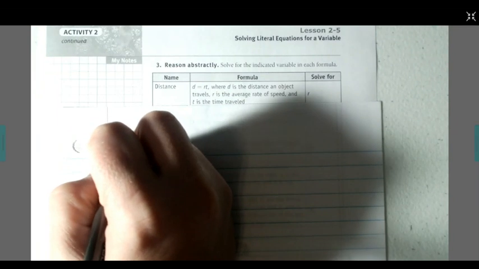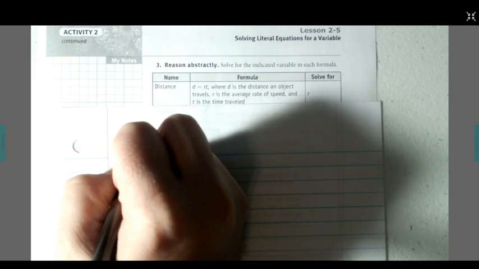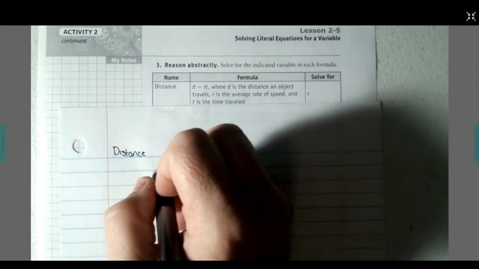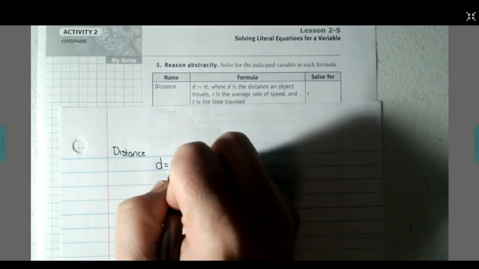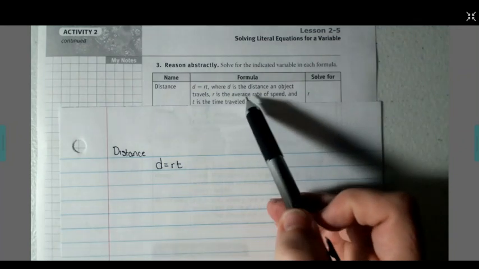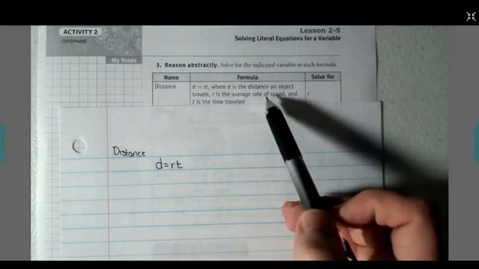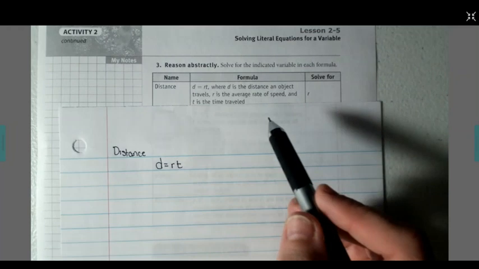So we're going to start with our distance formula. It says that distance is D equals RT, where D is the distance, R is the rate, and T is the time.